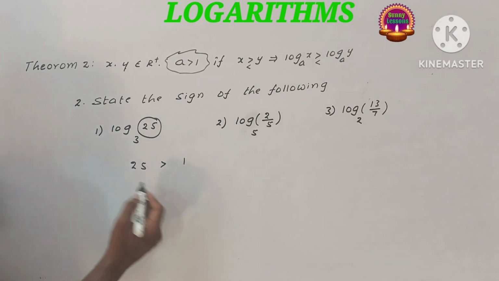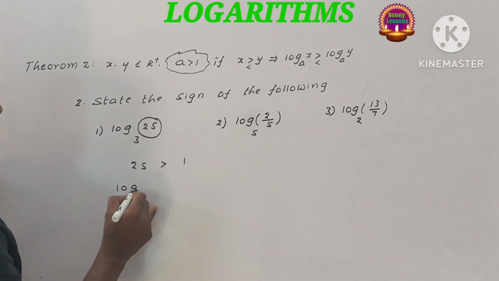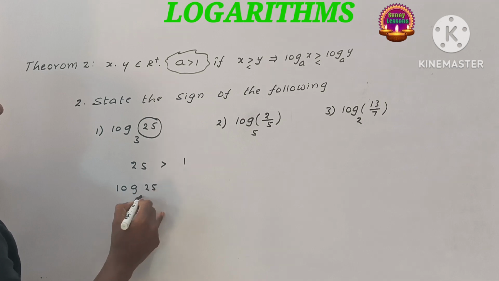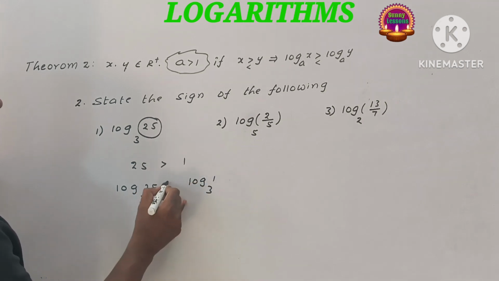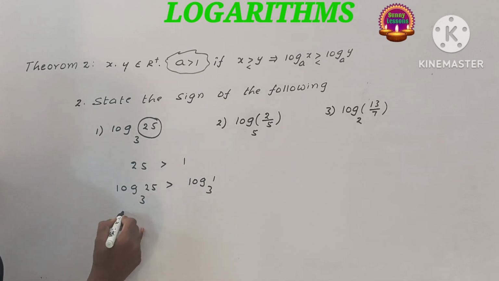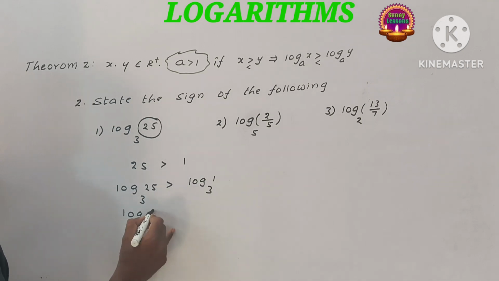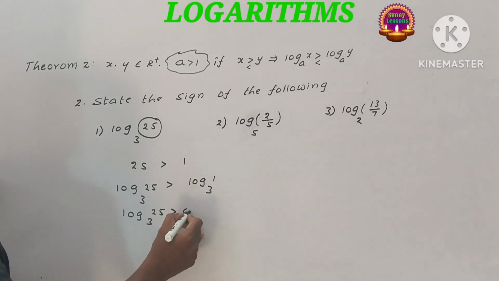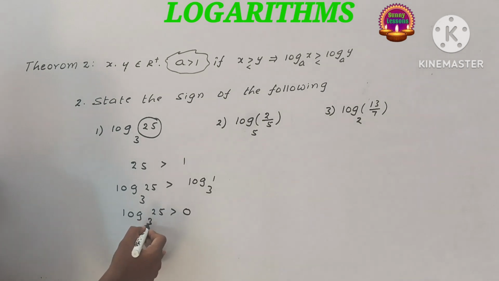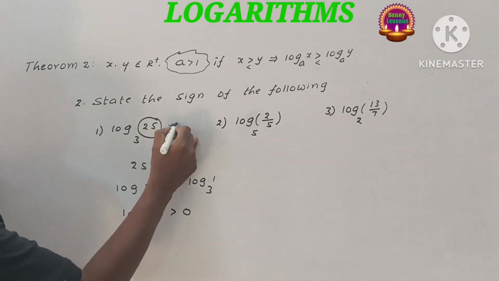Applying log on both sides, log 25 base 3 and log 1 base 3, we write greater than. So log 25 base 3 is greater than log 1 base 3, whose value is 0. So log 25 base 3 is positive.